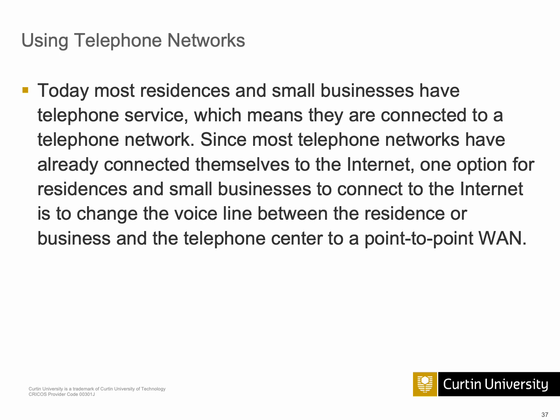The devices within our houses or businesses are connected to the telephone network. Because the telephone networks are already connected to the Internet, one option for our houses is to change the voice line between the house and the telephone center to a point-to-point WAN. This can be done in two ways, dial-up service and DSL service.